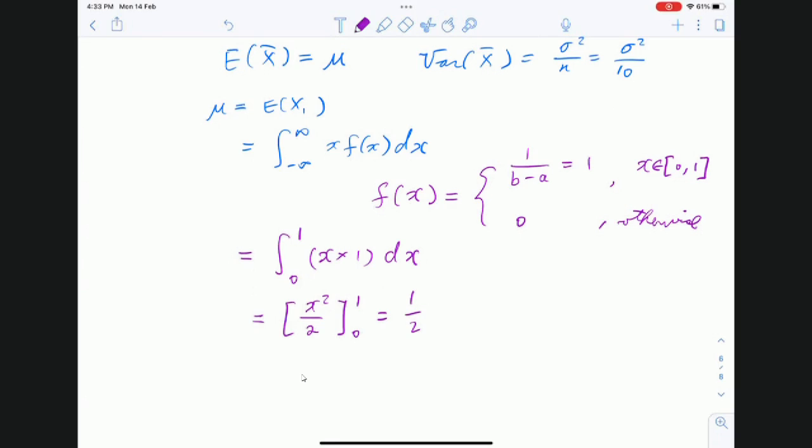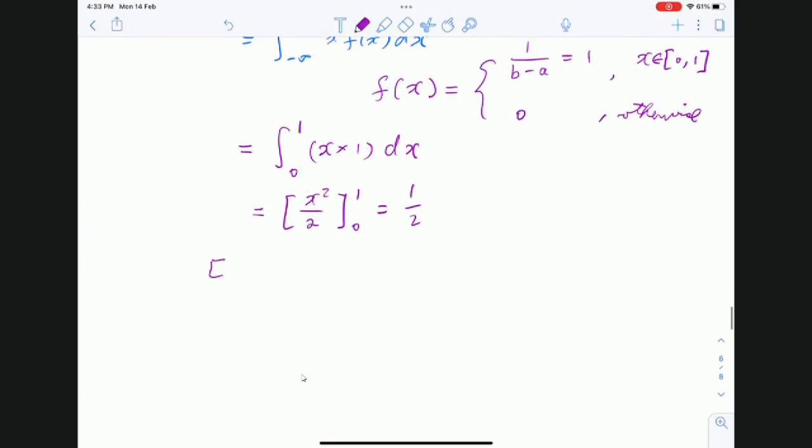Now next, we also need to find the variance. To find the variance, we start from the very beginning. We can start with the expectation of the square of x, which is the second moment. This is an intermediate step for us to determine the variance of a random variable or a distribution.